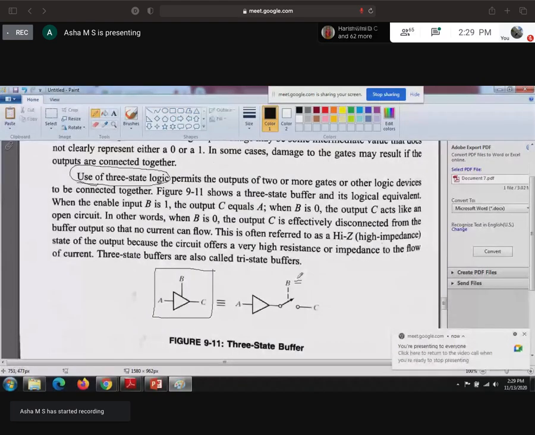When the enable input B equals 1, the switch will be connected here.